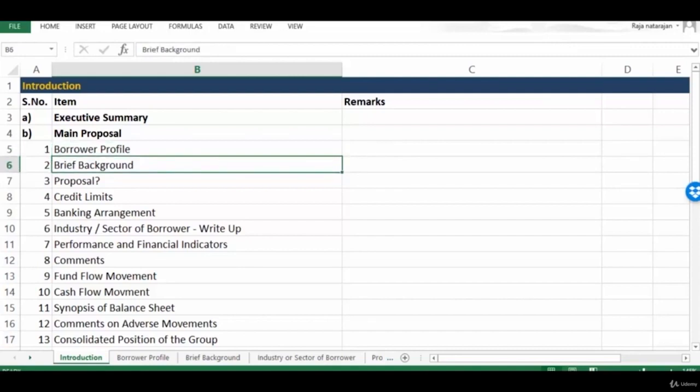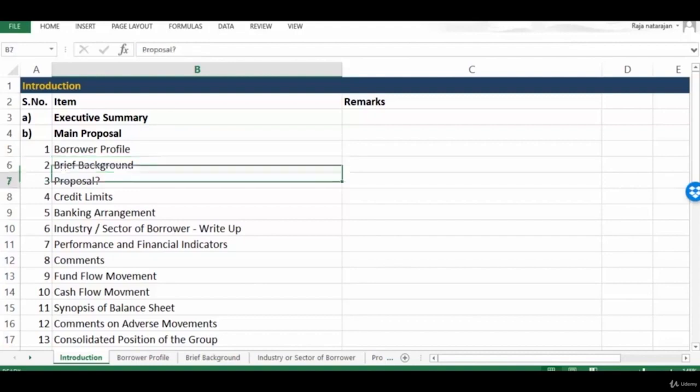And it is not necessary that all banks should follow this same format. Some banks will start with the borrower profile, some banks will start with what is the proposal. Okay, so it all depends, but let's understand that our focus is understanding each and every part of it, not going by a particular format of a particular bank.